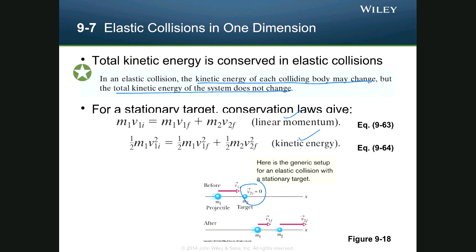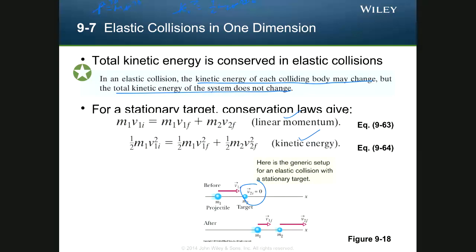If you don't believe me, remember that p equals mv. If v is 0, momentum is 0, and K equals 1/2 mv squared. So if that's 0, then kinetic energy is 0. All right, and that's where we get these terms here.